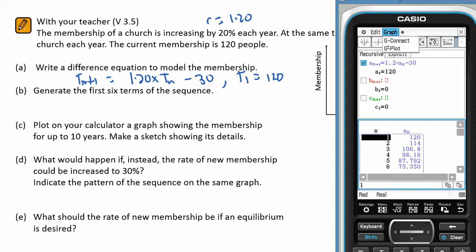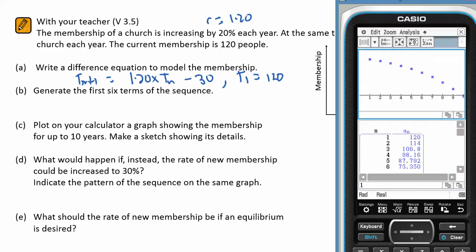Now I've set my graph up, so I'm just plotting. We don't want these points connected. So hit the graph there, we don't want that connection. So gplot, and you can see over the years how the numbers are decreasing, not an exponential decay though.